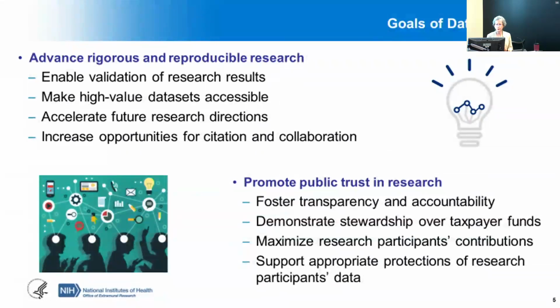So the whole point is, just like we want researchers to share the journal articles or the products of their research, data is also a product of their research. And to the level that it can be shared, it should be to move science further along, advance the general rigor and reproducibility of research, and increase opportunities for collaborating.